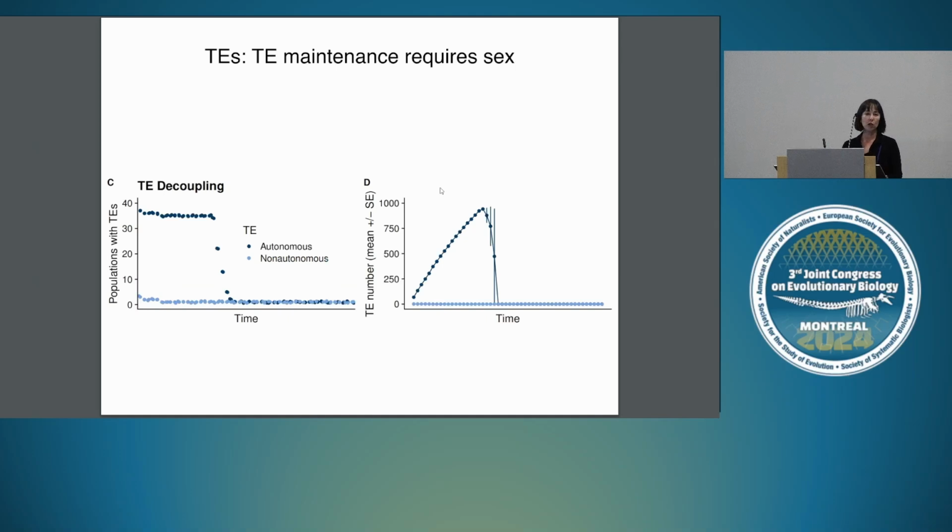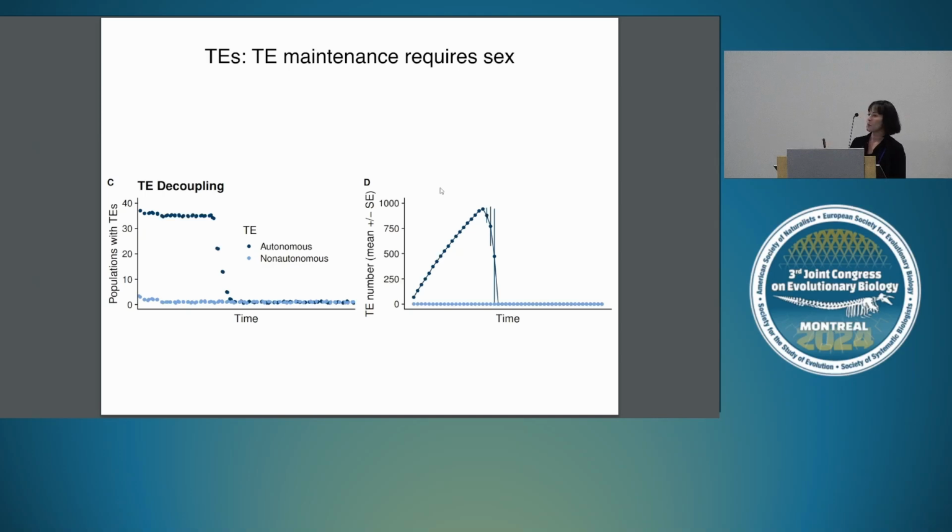And in general, what I find, which is similar to older theory too, is that transposable element maintenance requires sex. I started out talking about the nematode populations, how they have these androdioecious and dioecious populations. You can have some level of selfing and still have transposable element maintenance, but when you get to lower and lower outcrossing rates, higher and higher selfing rates, eventually the transposable elements are lost.